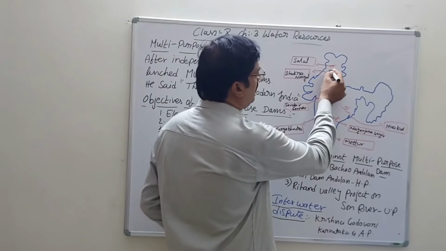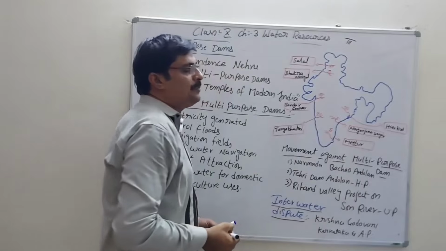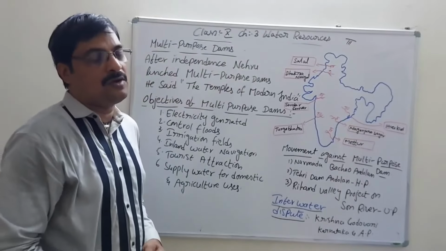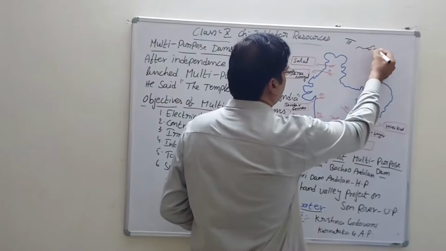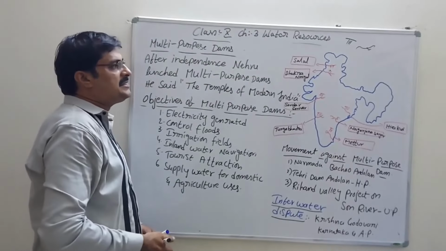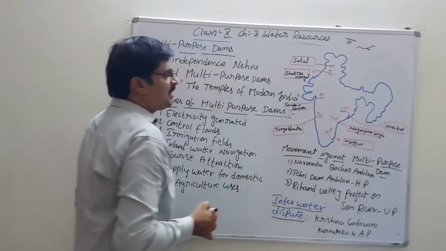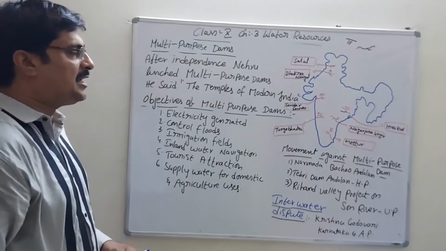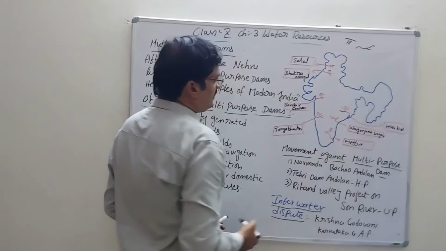The dam symbol should be right on that place or on the rivers. This is the symbol of a river. This is the symbol of rivers. If you draw the dam symbol and river symbol, it creates a good impression on the valuator.